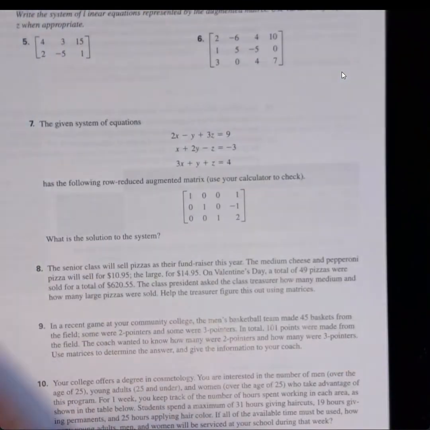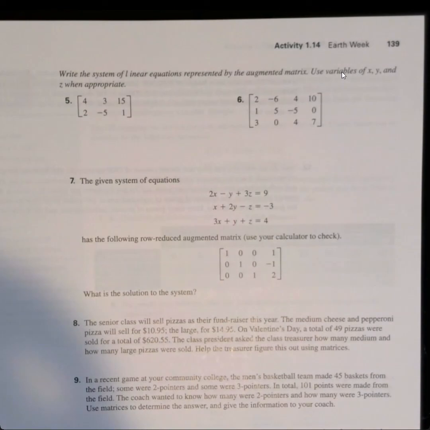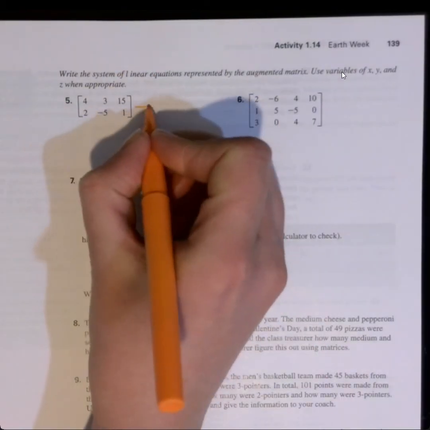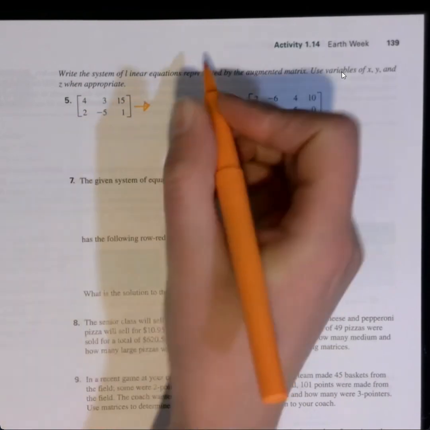I think I'll do one more example just for fun for the activities. So let's just make a note of a couple things. This one asks me to write the system of linear equations represented by this matrix. So x, y, number, the last one's always your number, so this one only has x and y.